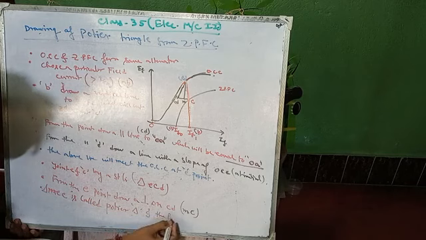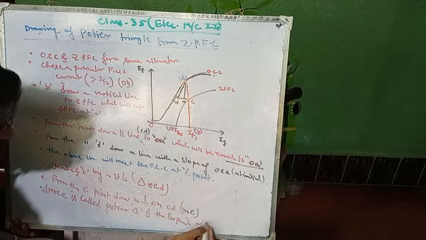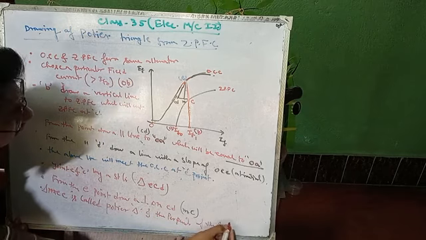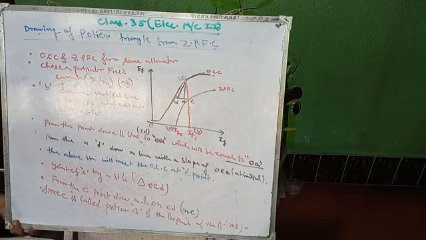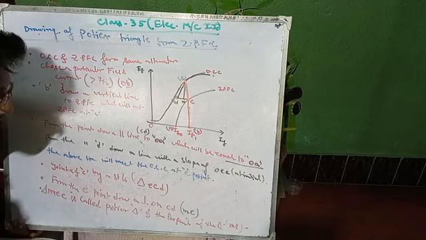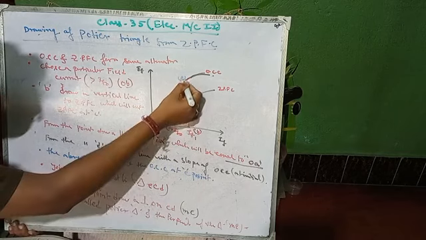The perpendicular of the triangle, or the height of the triangle ME, is defined as the leakage reactance drop IAXAL, that is this length.